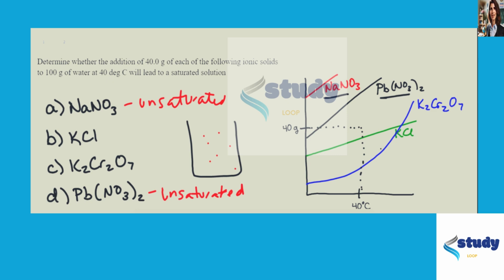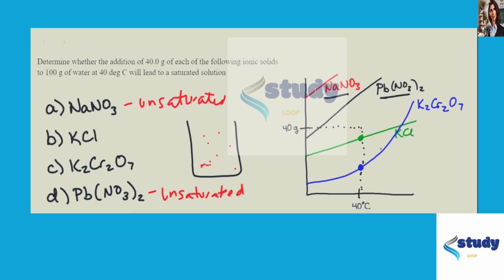And for the potassium chloride and potassium dichromate, notice that their solubilities are less than 40 grams. So if the solubility is less than 40 grams for every 100 grams of water, then if I add 40, I will have exceeded what the water can hold of that salt.